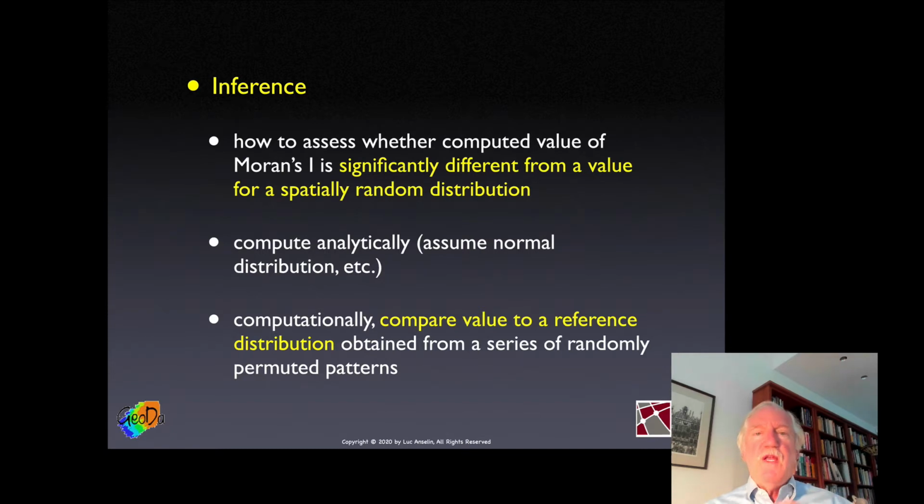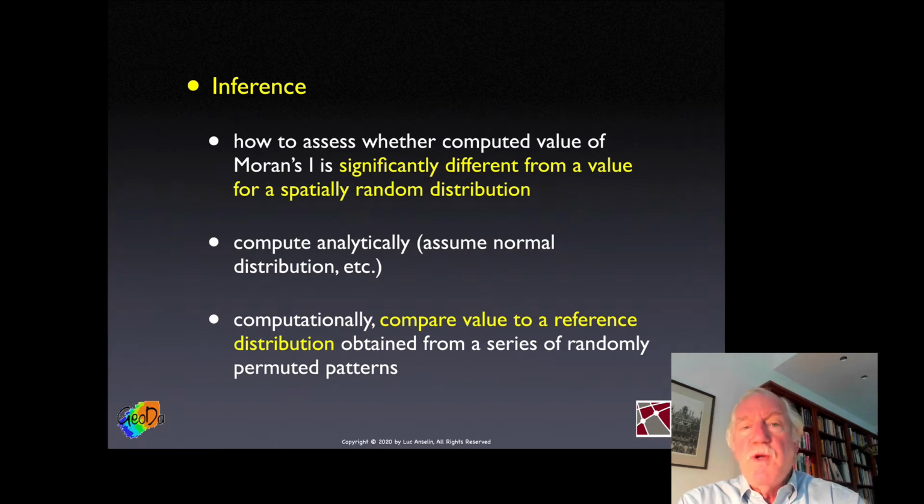Now, in the early literature, this was done analytically, and I already alluded to this earlier, that these analytical expressions are extremely complicated, and in fact, typically they use approximations. So one approximation of spatial randomness, even though it has nothing to do with the spatial part, is to assume that the variable is normally distributed.